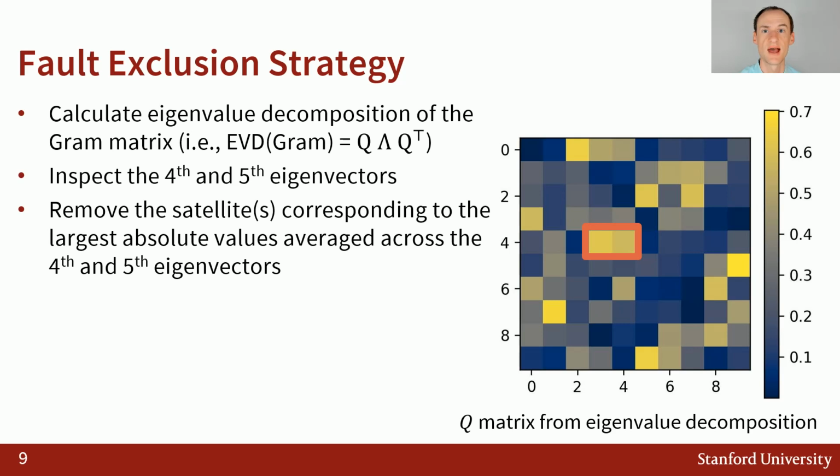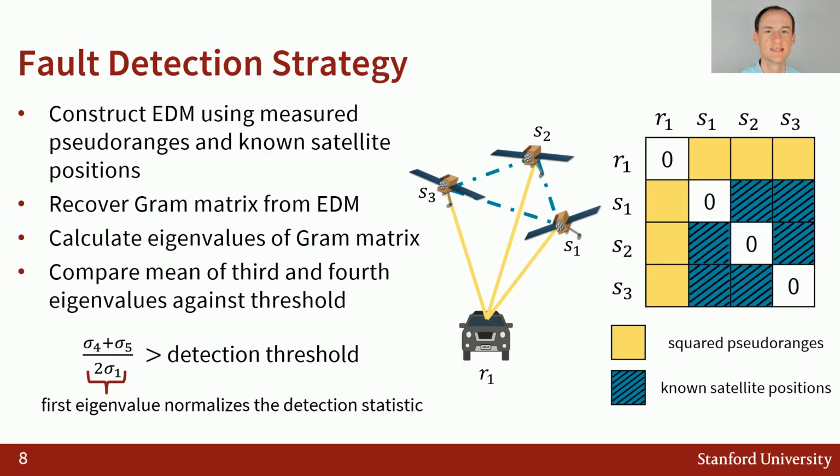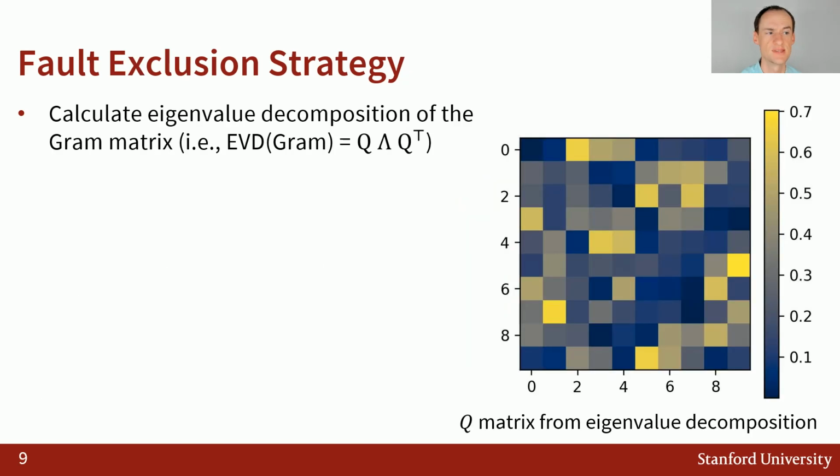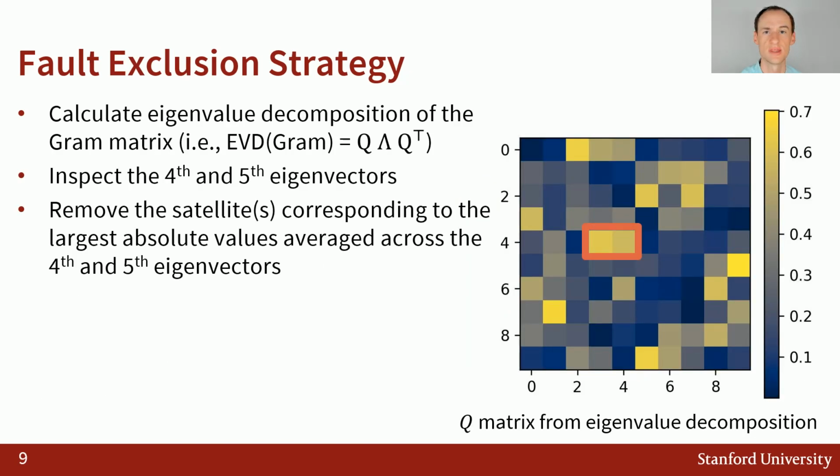We then sort by the largest absolute value, averaged across the 4th and 5th eigenvectors, and then we greedily remove the largest absolute value. If you'll notice in this column, the largest values are at index 0 and then this fourth index. That 0 index, if you remember from the previous slide, is the index of our receiver. And so the intuition here is that the measurements in this fourth index are the faulty measurements, and that's causing a large change in the receiver in that 0th index.